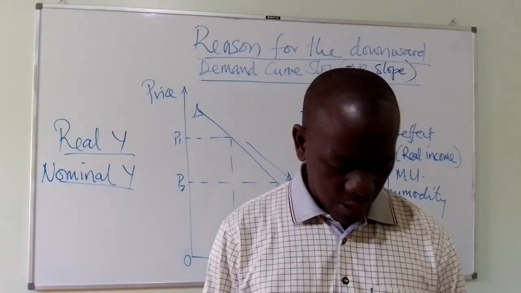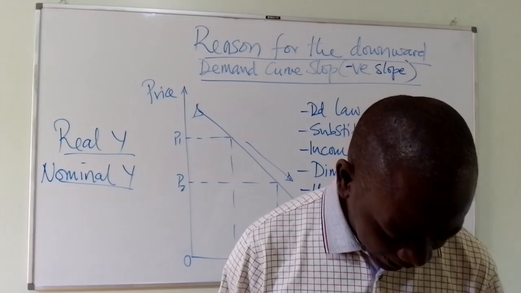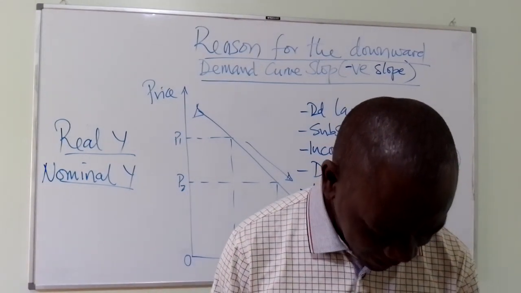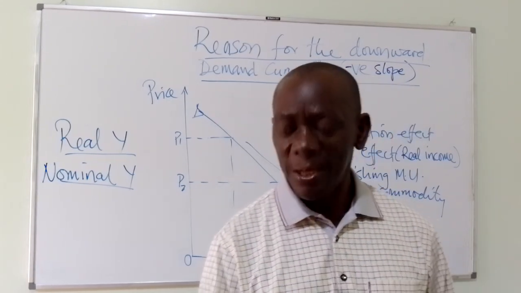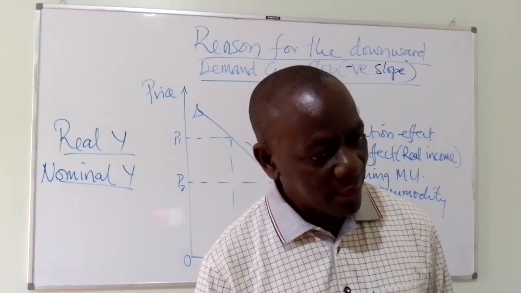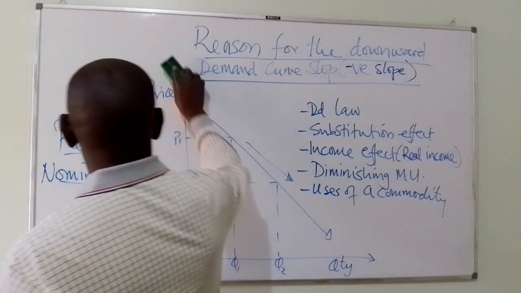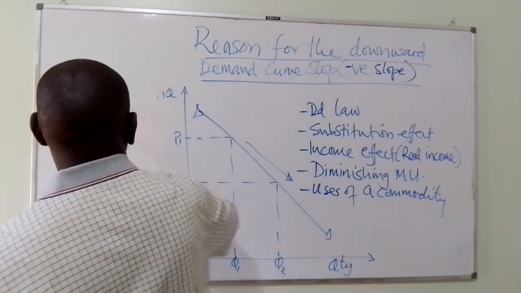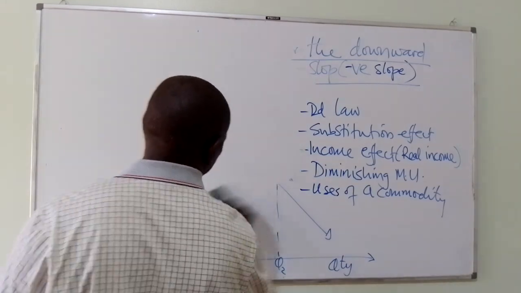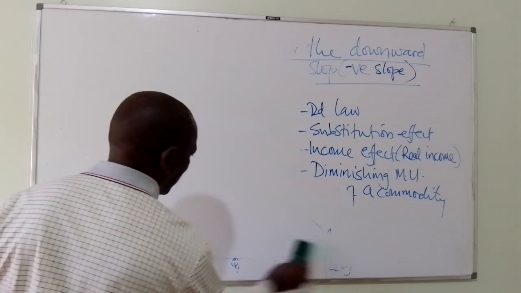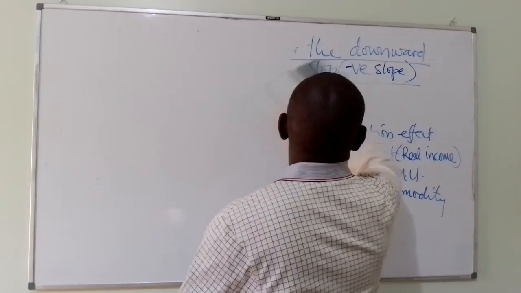So those are the factors that explain why the demand curve is downward sloping from left to right. The negative slope of the demand curve can be explained with those factors.